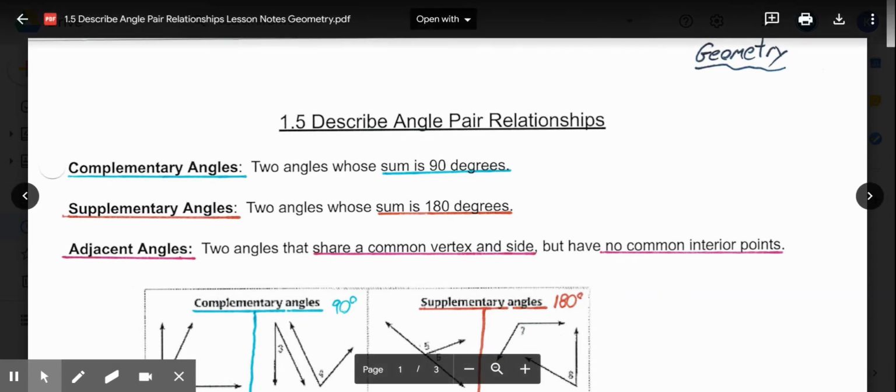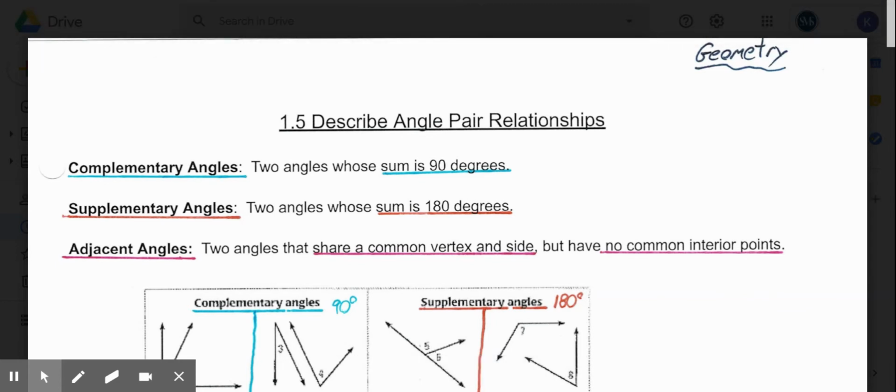And our third definition and pair of angles that we're going to look at are adjacent angles. Adjacent angles are two angles that share a common vertex and a side, but have no common interior points.